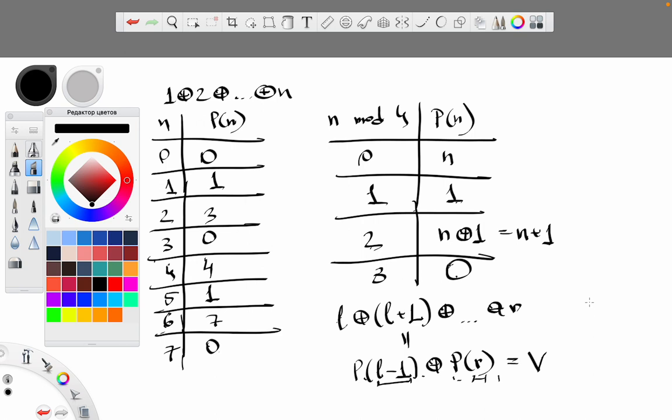We can also trim our segment so that it's aligned by 4.